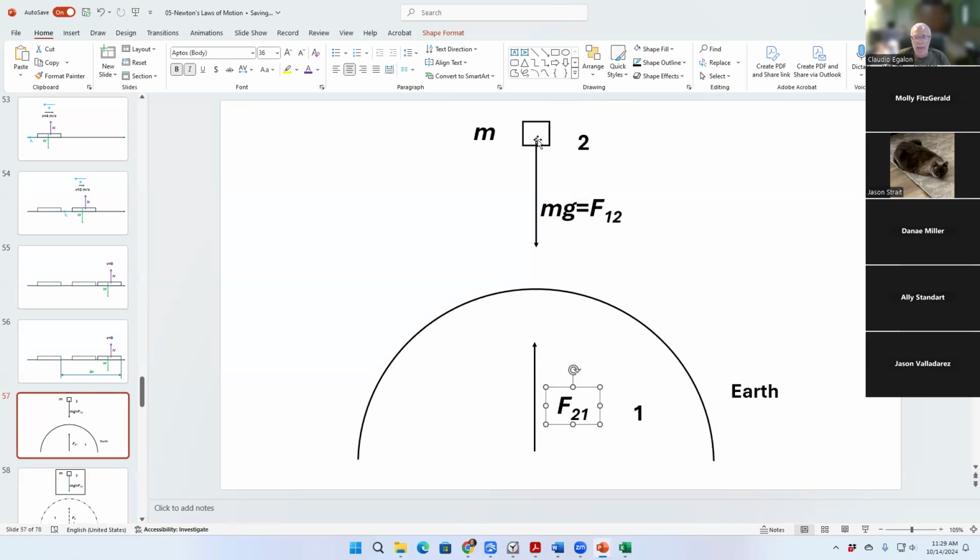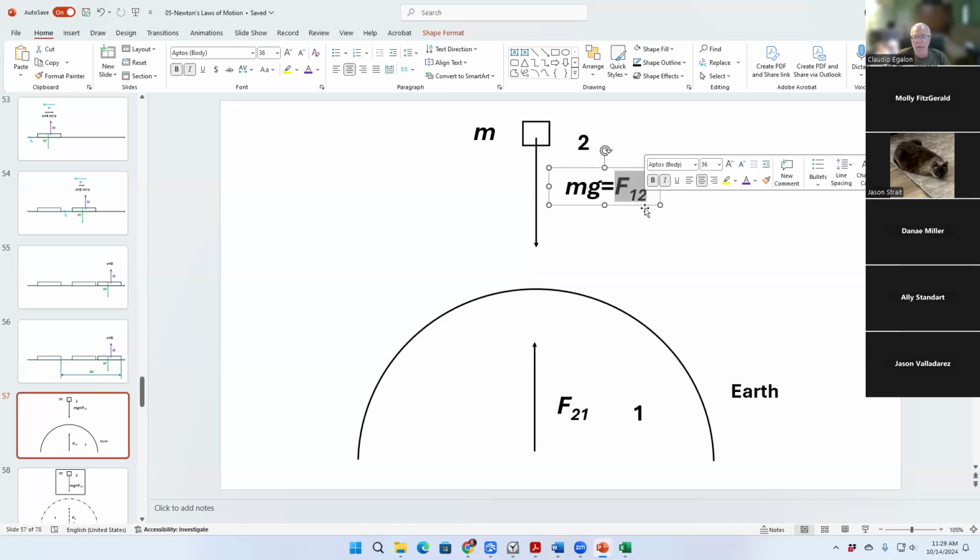The mass here is object number 2. This object number 2 has a weight. And this weight is the force that the Earth is exerting on object number 2. See that? mg is the force that Earth exerts on the smaller mass m, the force that 1 exerts on 2.